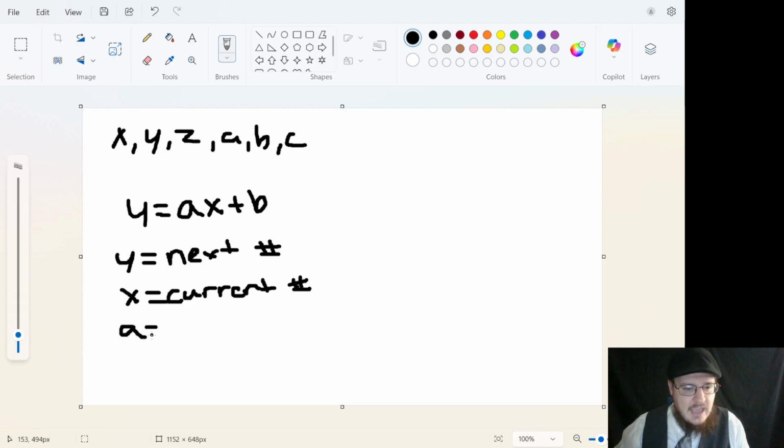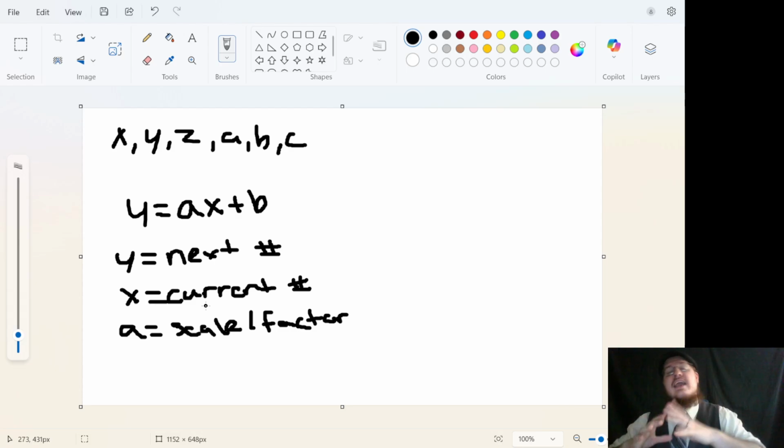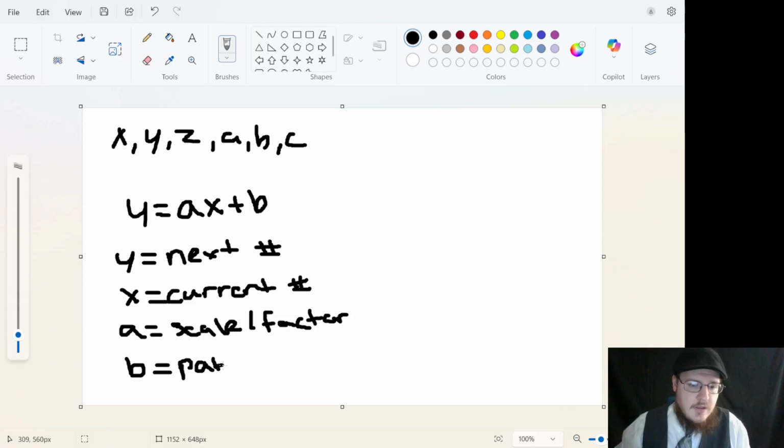And then a is what is called the scale or factor that is applied to our current number that helps us then get to our final value, our next number of our pattern. And then b is our pattern constant.